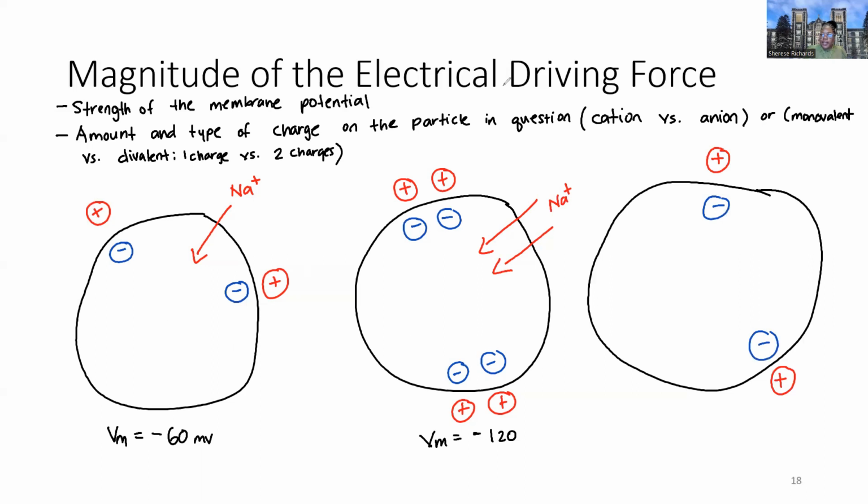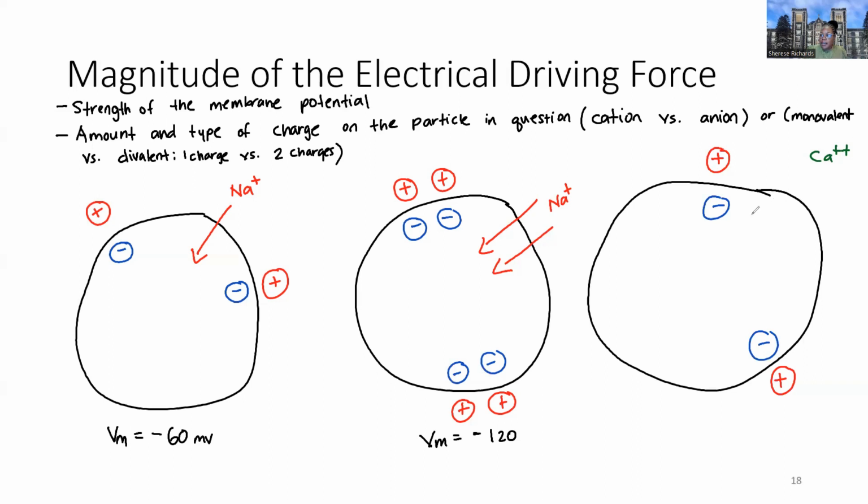But now if we consider a divalent cation like calcium, so here's calcium, and because calcium has two charges, the strength of the electrical driving force is going to be just as strong, right? The membrane potential here is also going to be just as strong because calcium really wants to get into the cell, and because calcium has two charges instead of one.